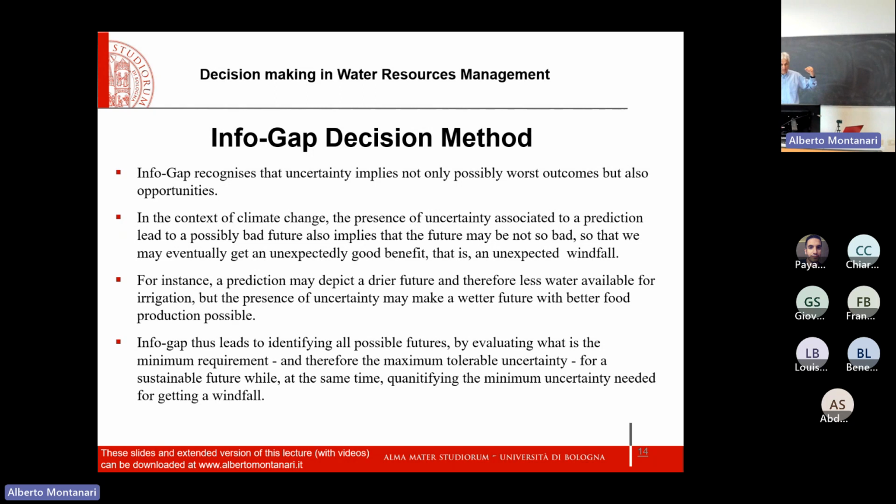So I estimate the maximum tolerable uncertainty. Okay. In narrative terms, I hope it's easy to understand. But when you go to the application, it's not so easy, of course. Let's try to move into an application.